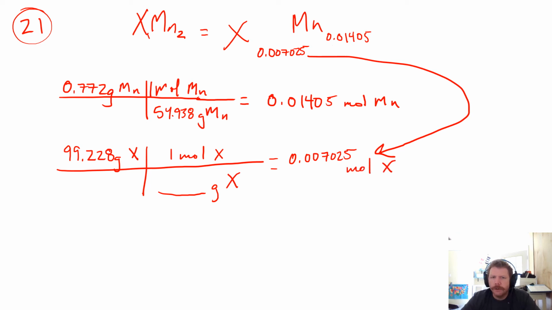Okay, so now a very fair and valid question is, what do I do with that number? Well, what you do with that number is take the mass, divide that by the moles.